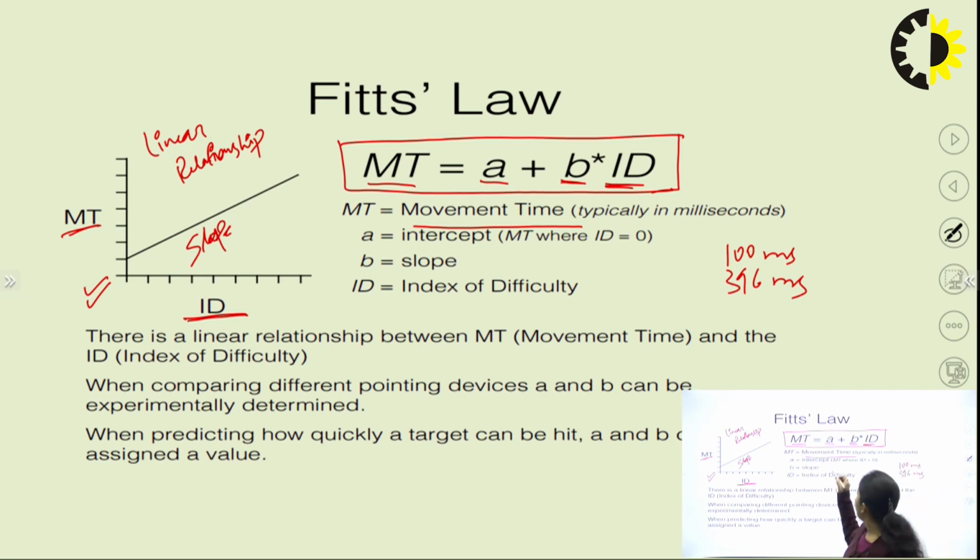So we can say that A is like one device and B is another device. When predicting how quickly a target can be hit, A and B can be assigned a value, or in a question we can give the value.